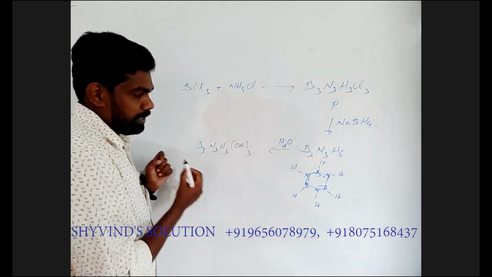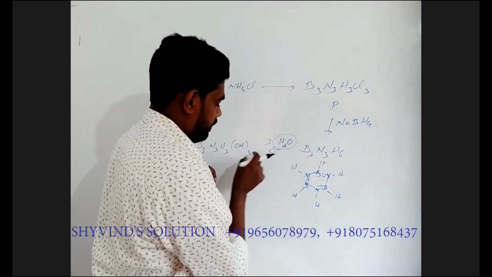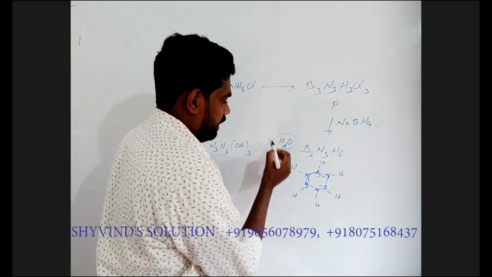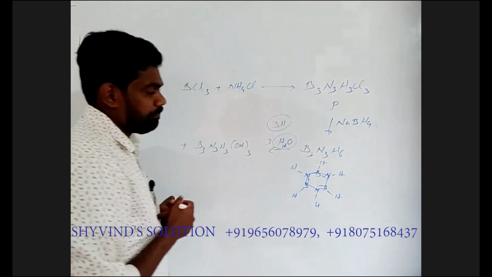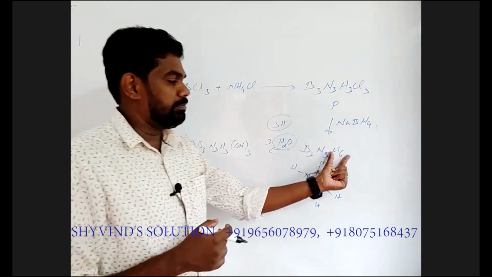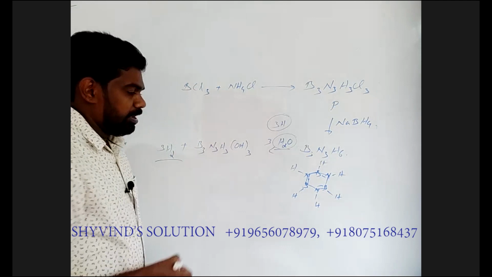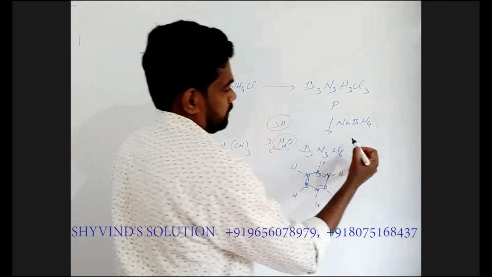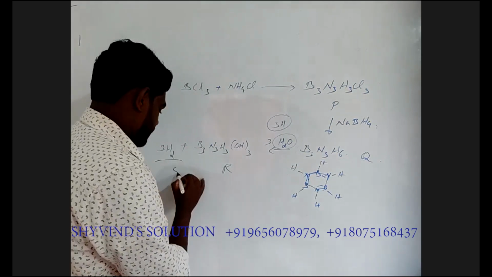We are adding 3 molecules of water, 3 OH is added, the remaining 3 H2 come from here, 3 H, and 3 H from this one also. So plus 3 H2 is the byproduct. So this is Q, this is R and this is S.